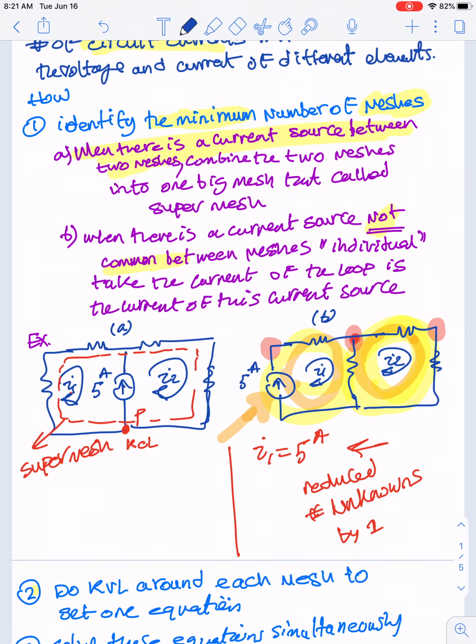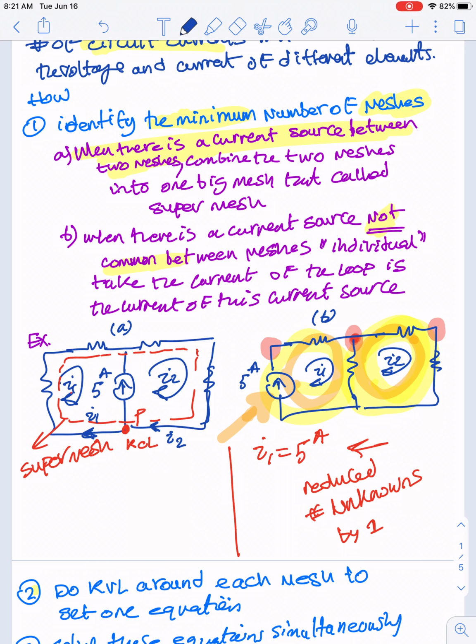I1 is flowing clockwise, so that means in that branch this is the direction of I1, and I2 is also flowing clockwise, so this is the direction of I2.